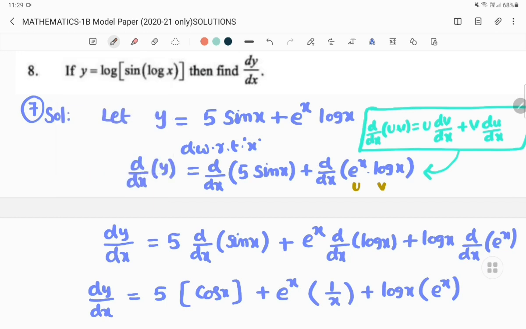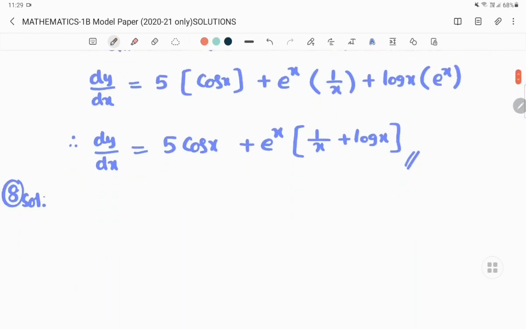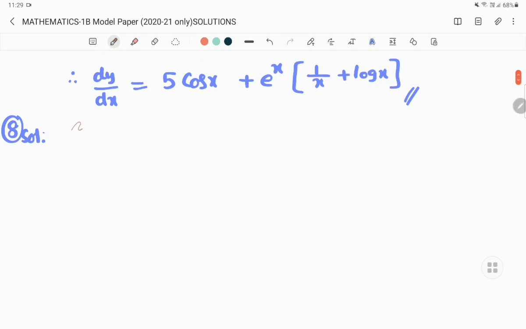y is equal to log of sin of log x. Given y is equal to log of sin of log x.